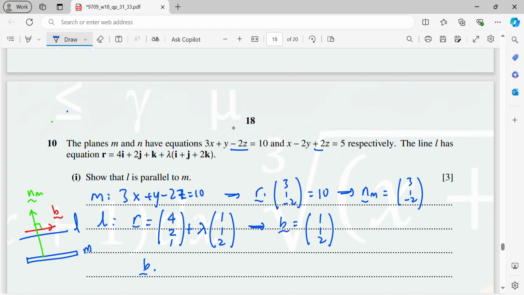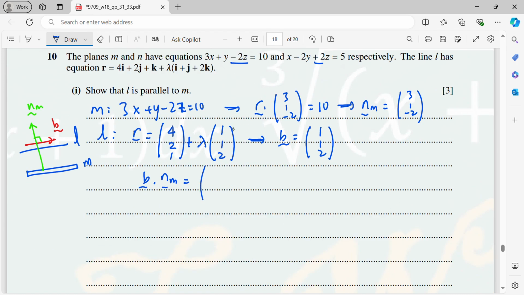So b dot n of M will be (1, 1, 2) dot (3, 1, negative 2). The dot product is basically multiplying the corresponding components. Then you will get 3 plus 1 minus 4. So I'm getting 0.